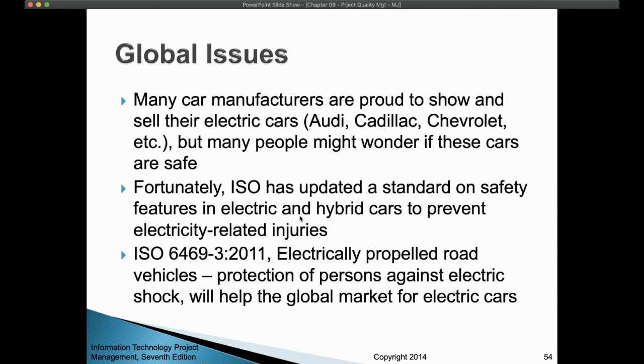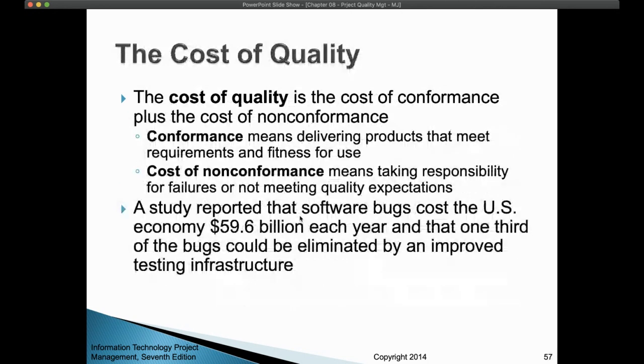This will help the world to produce safe electric cars. Okay, so the standards are very important to ensure not just the production of the cars or the products without defects, but also to ensure that it doesn't affect the safety of the users, okay, the end users.